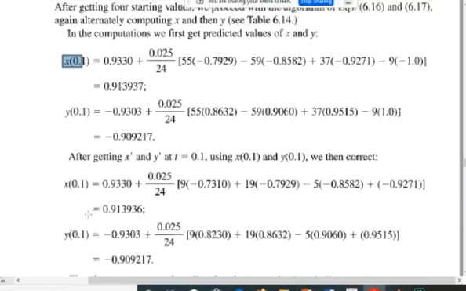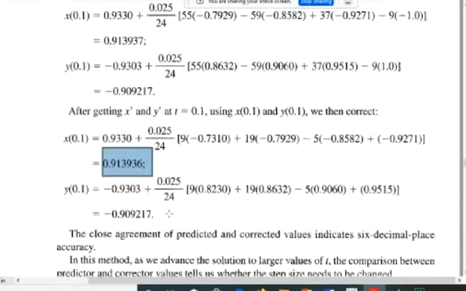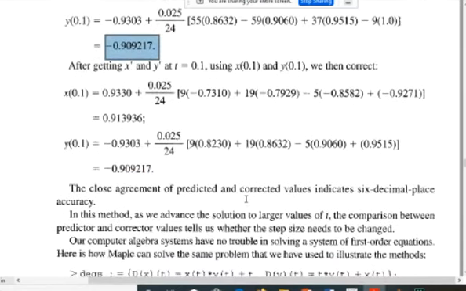The value of x is corrected to 0.913936, and the value of y is corrected to this value, which, you can see, is the same as the predicted value for y.